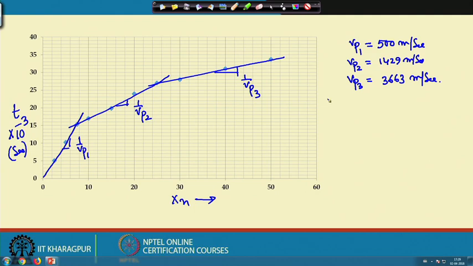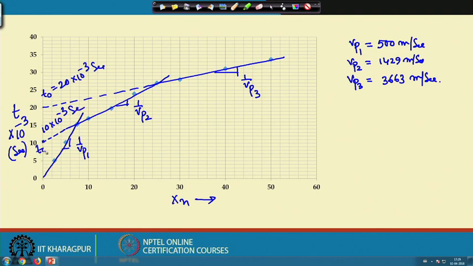Now, I will get the thickness if I extend this line. If I extend this line, it is 10, and if I extend this other line, this is another 20. So, here the t 0 value is 20 into 10 to the power minus 3 second, and here 10 into 10 to the power minus 3 second.